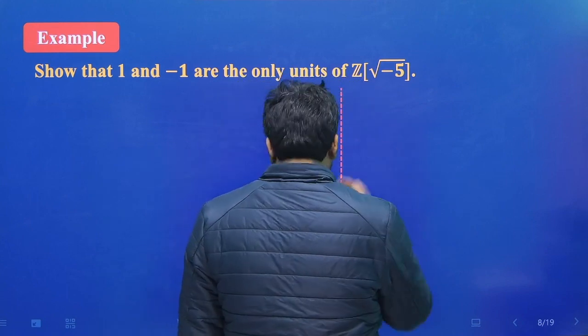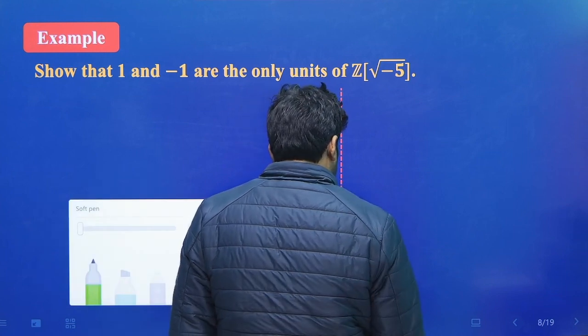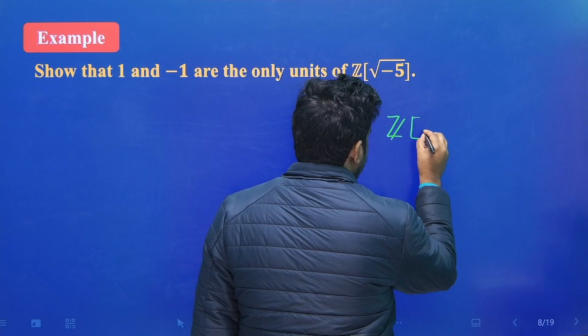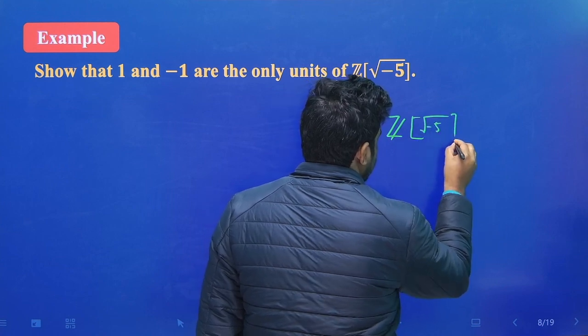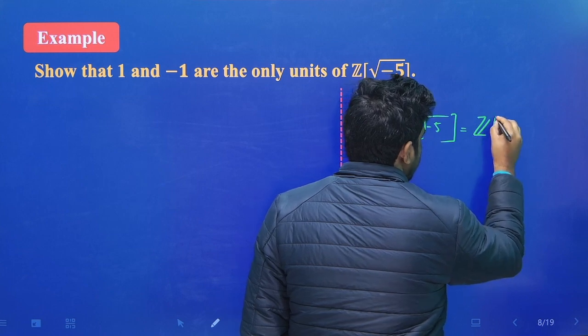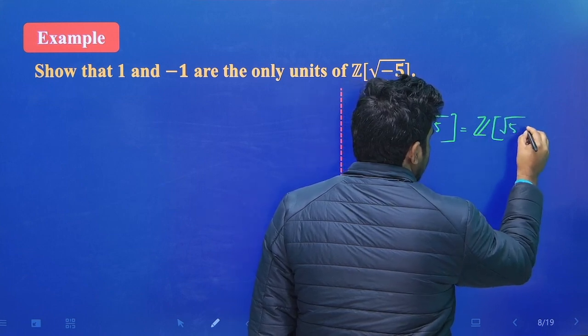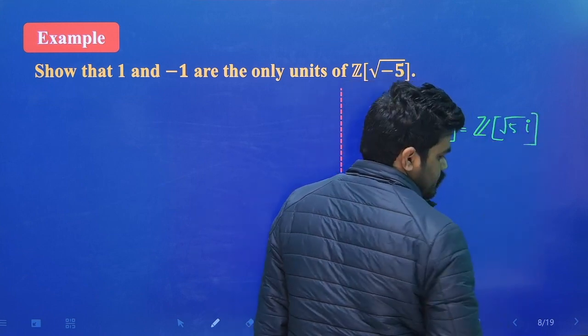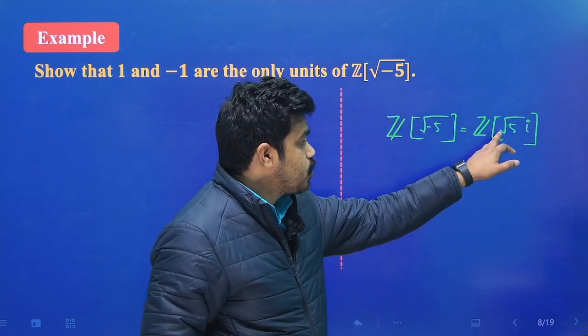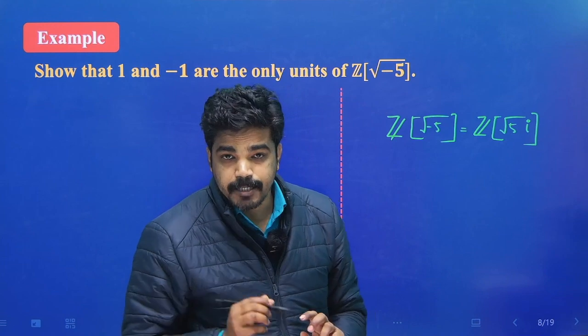What form will the elements of Z root over minus 5 take? Z root over minus 5, that means basically this can also be written in the form Z root over 5i. Just see, Z root over minus 5, that means Z root over 5i.